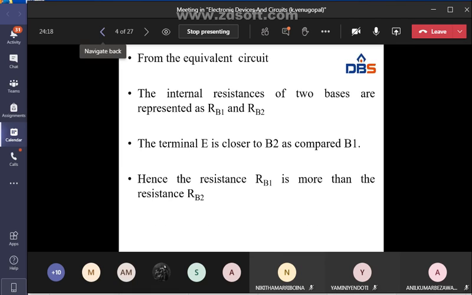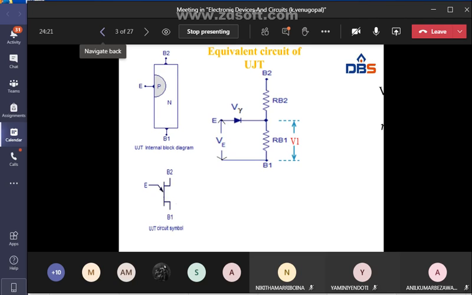See here from the equivalent circuit. When this emitter diode is not conducting, RB1 and RB2 are in series. If the emitter voltage is 0, then this diode is not conducting, so these two resistors are in series.